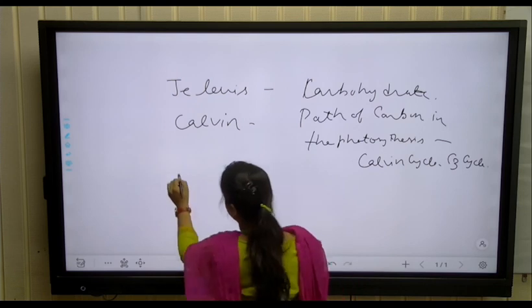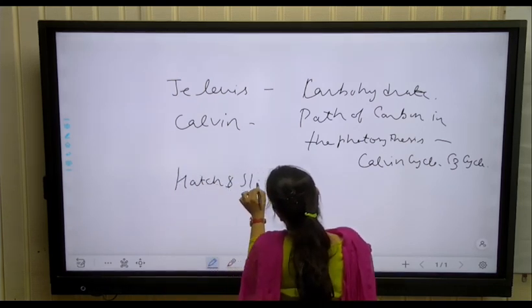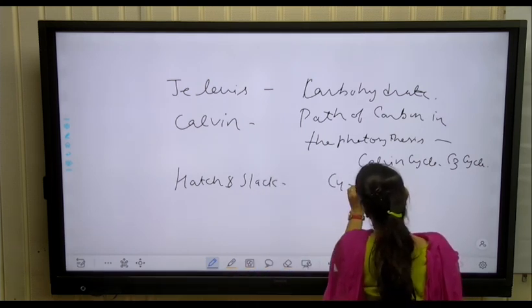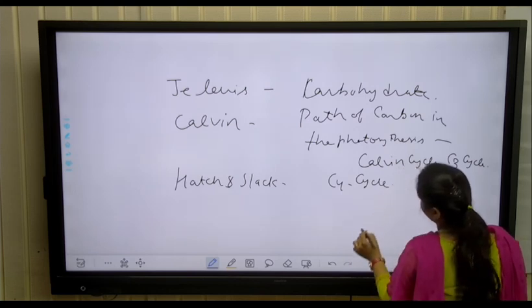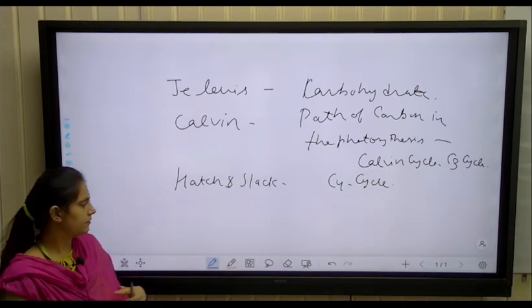And the next were Hatch and Slack. They gave the C4 cycle, fixation of CO2.